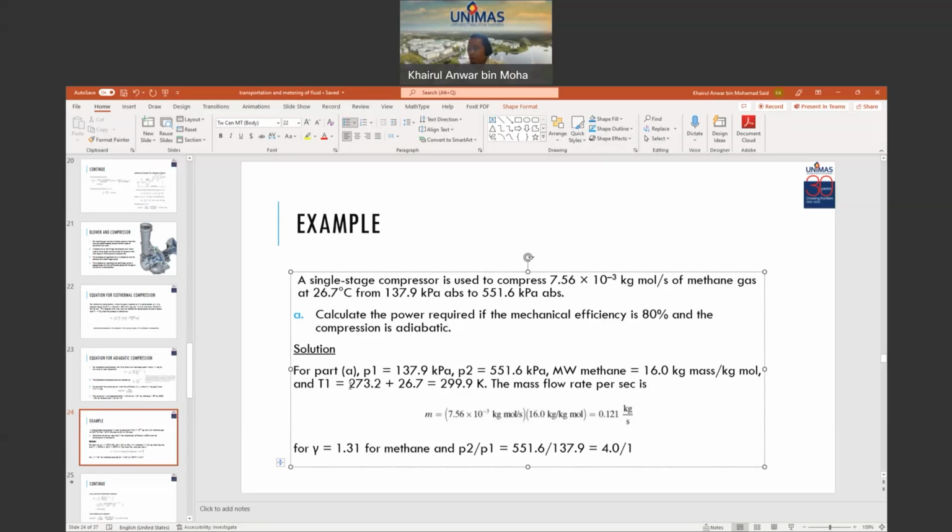So for part 1, P1 here is 137.9 kPa, P2 is 551.6 kPa. Molecular weight of methane is 16 kilogram mass per kilogram mole, and T1 is 273.2 plus 26.7, so you get almost 300 Kelvin.